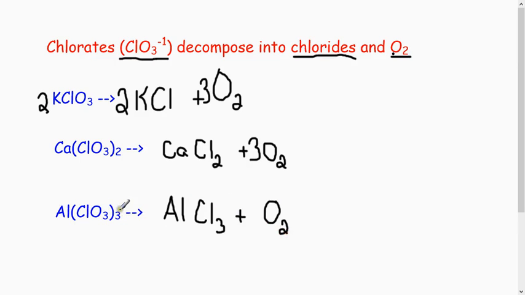However, I have 9 oxygens on the left and only 2 on the right. The least common multiple of 9 and 2 is 18, so I need a coefficient of 9 here to give me 18 oxygens. A coefficient of 2 will also get me the 18 oxygens, but that also changes the aluminum and chlorine, so I also need a coefficient of 2 in front of the aluminum chloride.